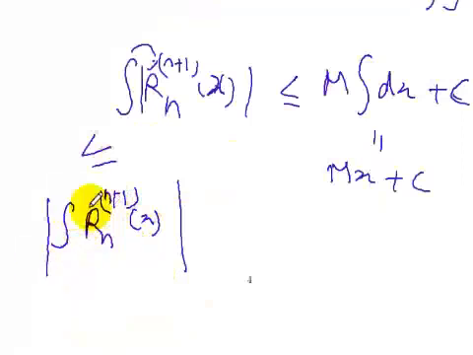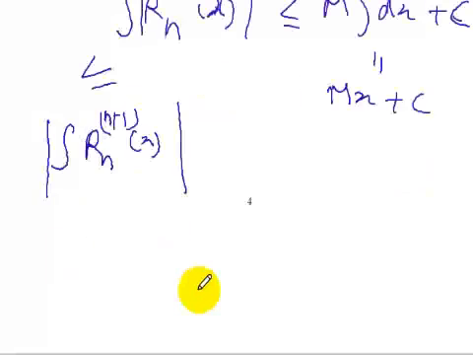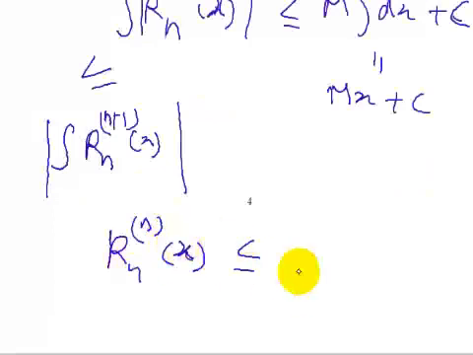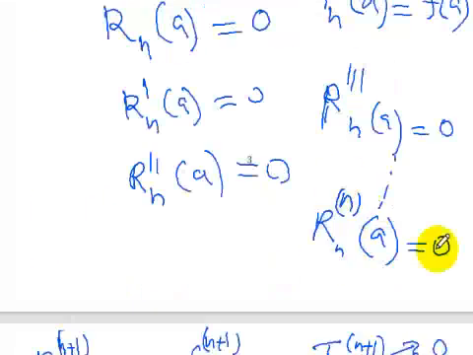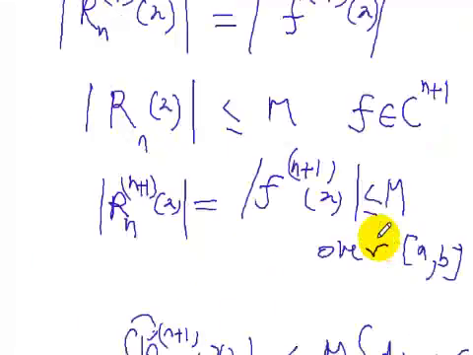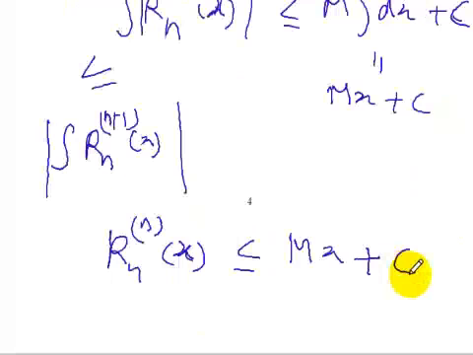So when you integrate the n plus 1 derivative, what do you get? The nth derivative of x is less than or equal to Mx plus c. Using this property, you can plug this number into that equation to find the arbitrary constant c.